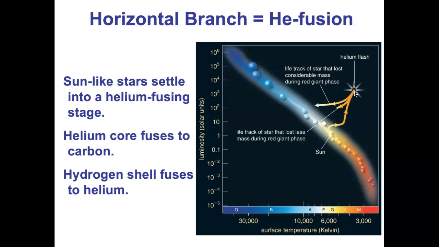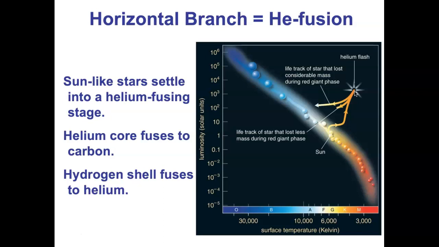And now the helium is fusing with more helium to generate new heat. There's now a new nuclear reaction happening in the core. It's not the fusion of hydrogen, it's the fusion of helium. And that's going to create a second round of nuclear fusion. This is the brief second life of this star.